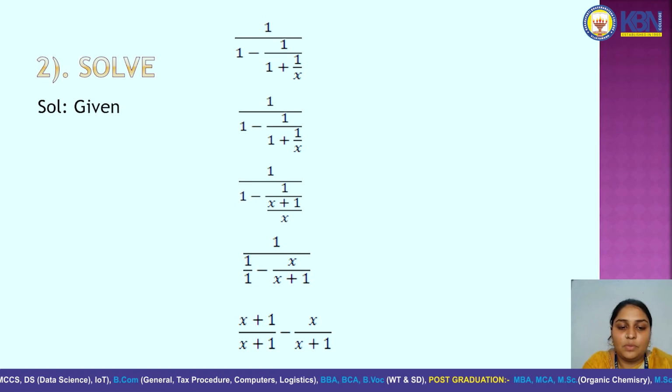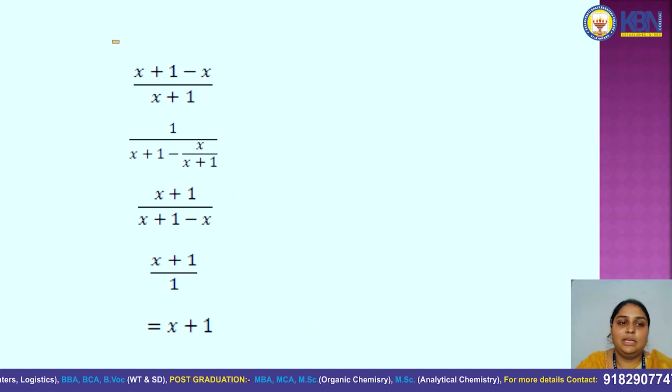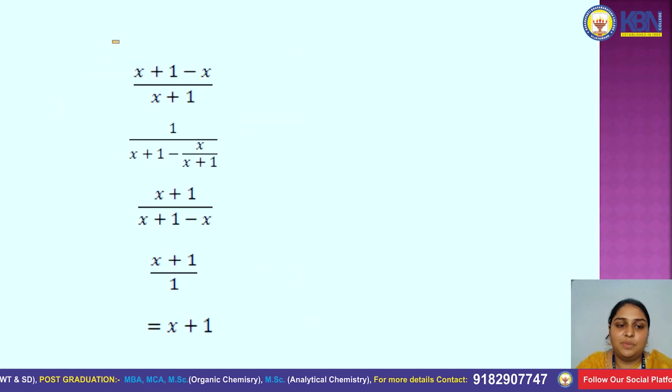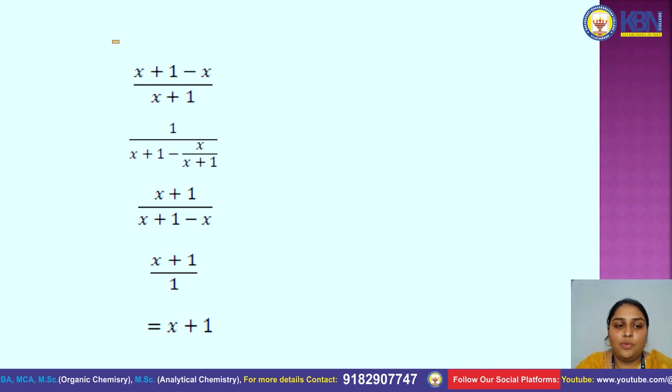Then we get 1 by x plus 1 minus x by x plus 1. Then the denominator becomes the reciprocal. Then the result is 1 by x plus 1 minus x by x plus 1.